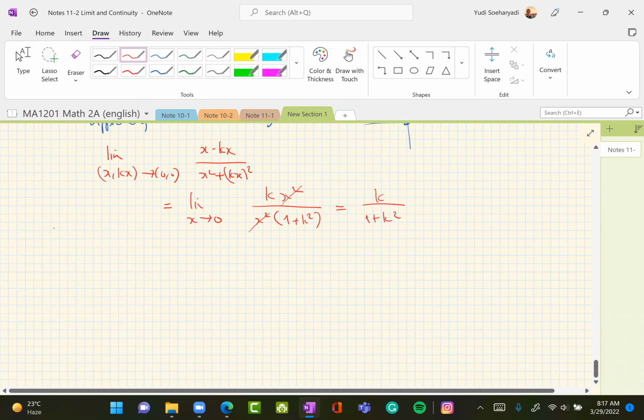So then just plug in two values: when k equals 0, the limit is 0. When k equals 1, the so-called limit is 1 half. So this shows you that the limit does not exist.